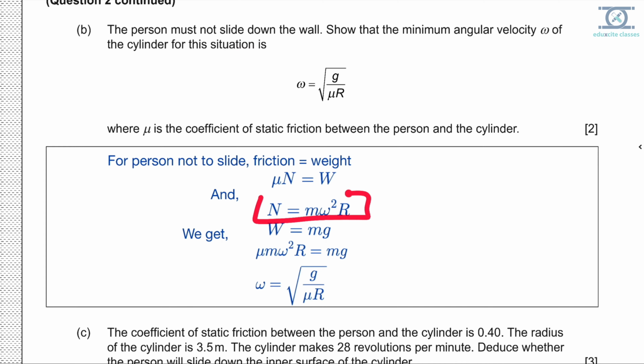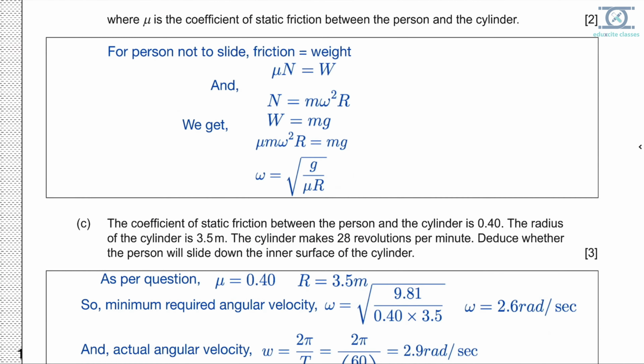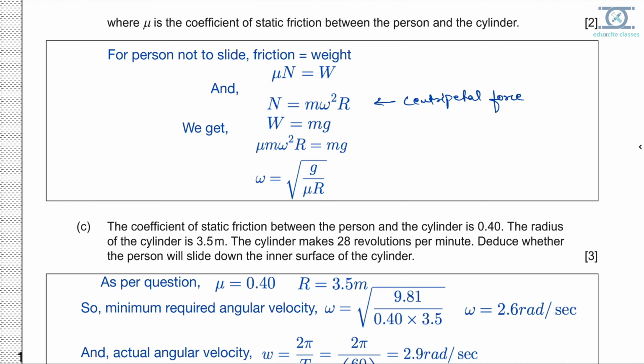It is moving in a circular motion in the cylinder, so N will be nothing but the centripetal force, which is m omega square r. This is the centripetal force. Fine. W is mg. Equating these, you will get the required angular velocity. So this is the minimum angular velocity.